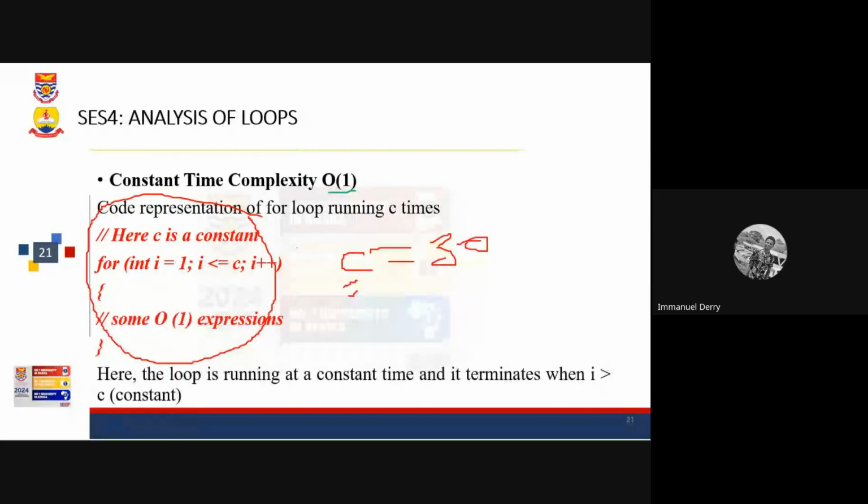But since we are not doing the experimental analysis, but the asymptotic analysis, we have to use a variable to represent our constant. And here we are choosing the C, so that we can do the asymptotic analysis.